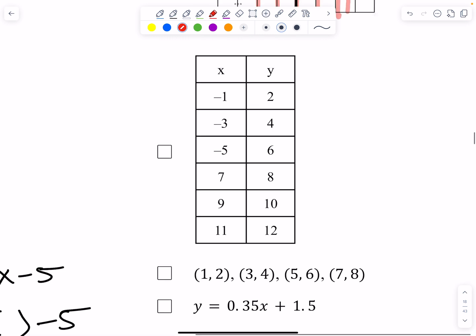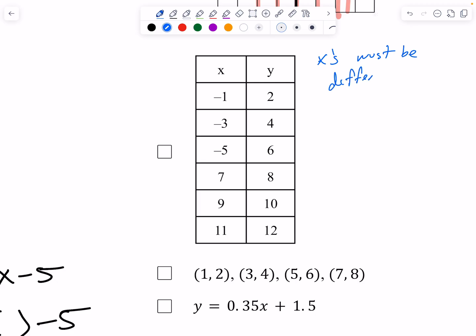What about this one? Every input can only have one output. So in other words, all your X's must be different. Now, if you're totally lost, you can always graph this. So -1, 2, boom, right there. -3, 4, boom, right there. -5, 6, 1, 2, 3, 4, 5, 6.